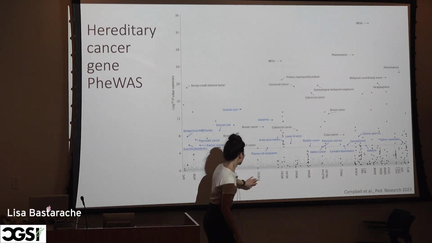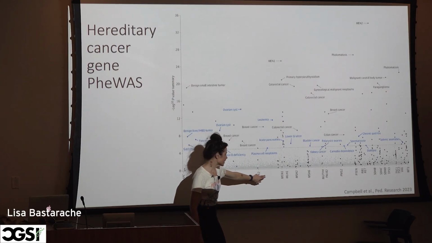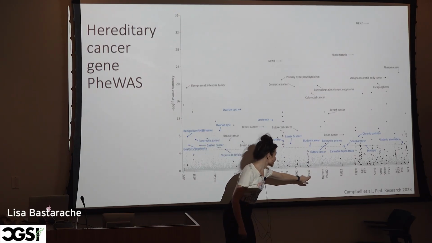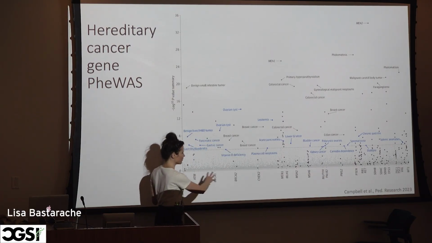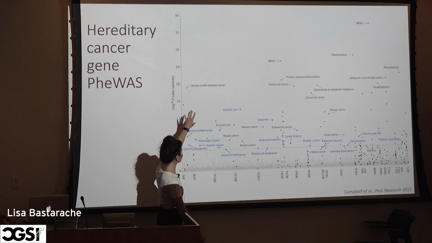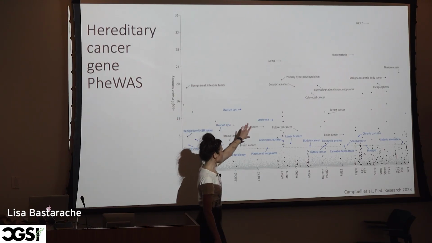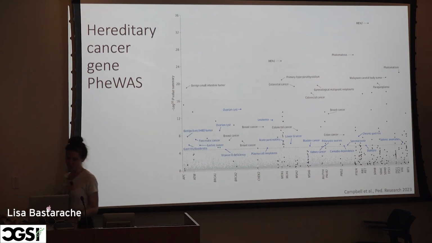So for instance, we take all the individuals with a CHEK2 variant that's known pathogenic, or these Lynch syndrome genes, et cetera, and ran a PheWAS. This plot here is showing all of the gene groupings that we did. And the black associations here are very well-established replications of the different phenotypes that are associated with these cancer syndromes.